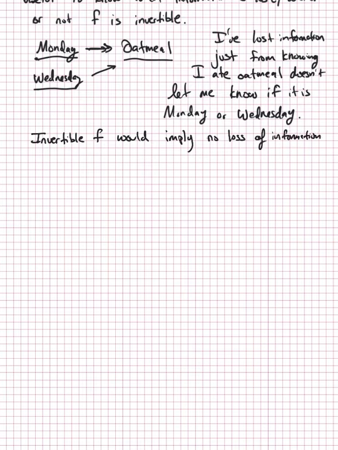Because I can take any element here, say this is now just going to be my set A, it gets sent over in some way to the set B, but I know that at every point there's a unique point that maps onto it and I can construct an inverse, then I can recreate from the element in B exactly what the element in A was.